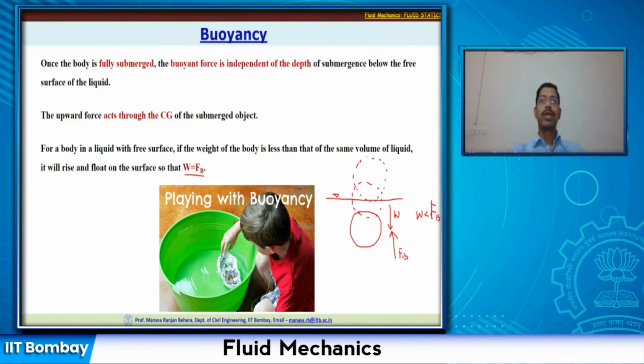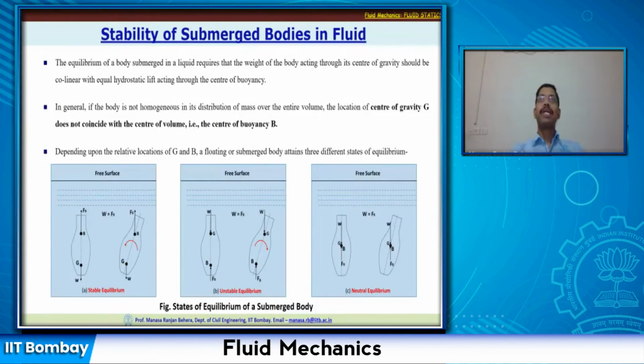Now let us look at the stability of submerged bodies. We have two different types: one is submerged, one is floating. We'll first look at the stability of submerged bodies. The equilibrium of a body submerged in a liquid requires the weight of the body acting through the center of gravity to be collinear with the equal hydrostatic lift or buoyancy acting through the center of buoyancy.